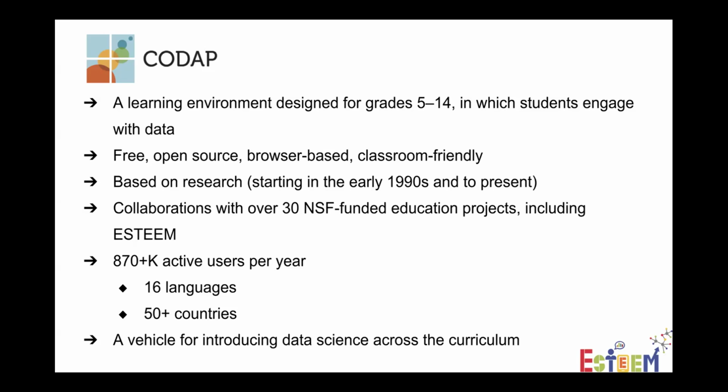As of right now, there are more than 870,000 active users. It's in 16 languages, and people in more than 50 countries are using it. It can be a great vehicle for introducing data science across the curriculum. Yes, it's great for statistics and probability too, but now the focus around data science is spreading.